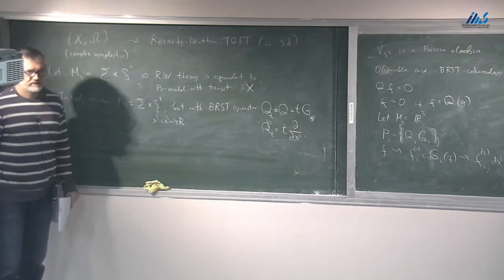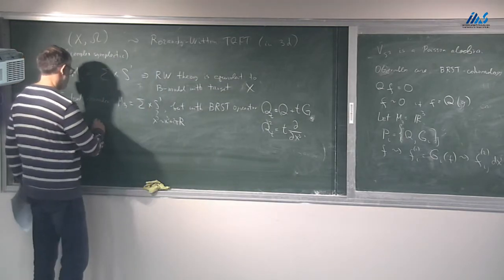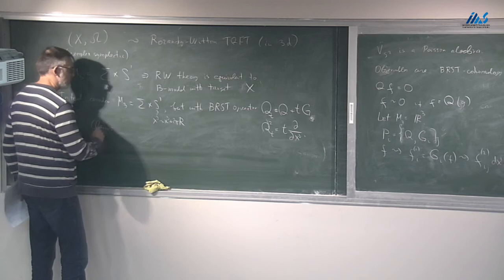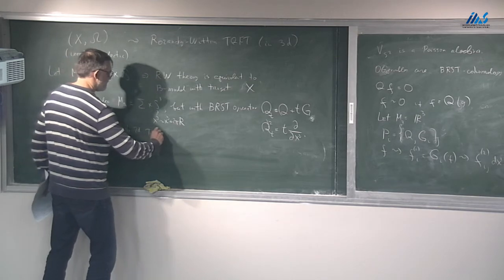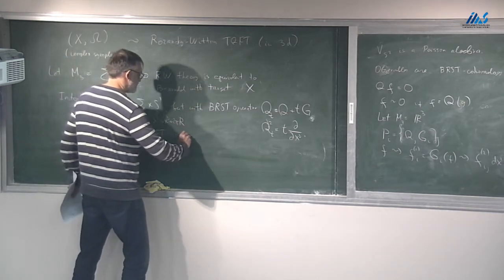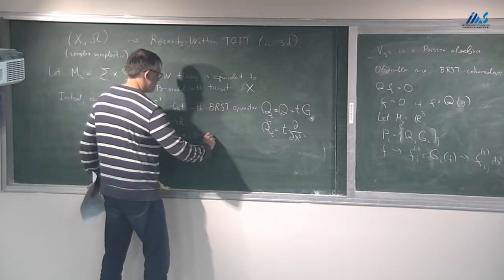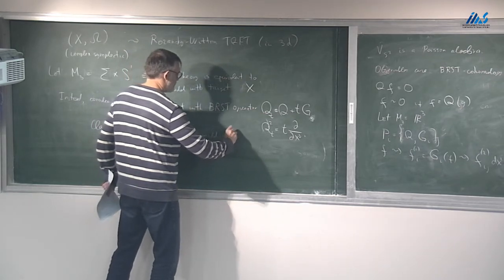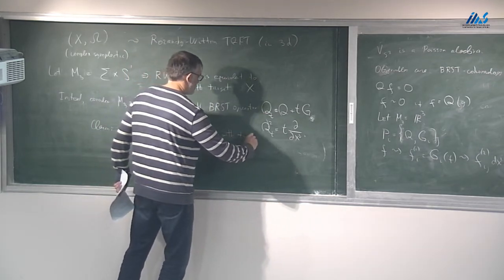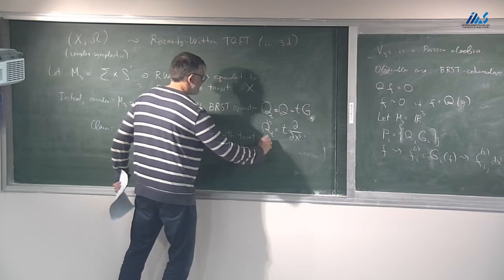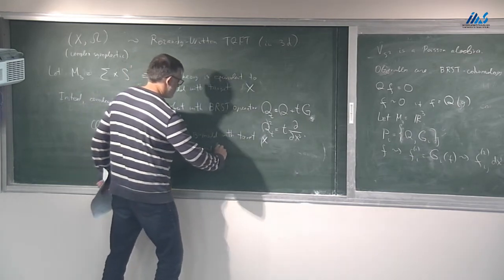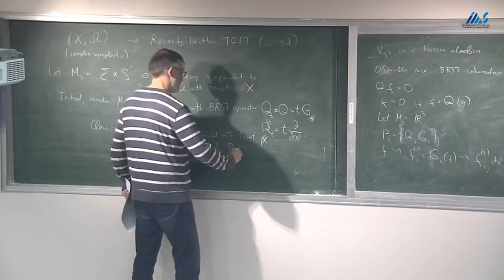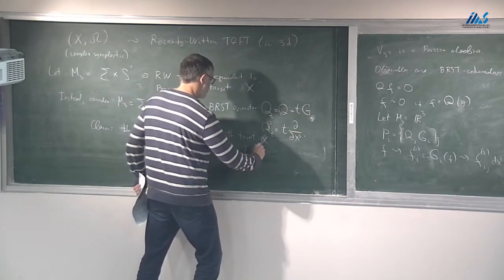So which topological field theory is it? The 2D TQFT is a B model with target X deformed by a Poisson bivector, which is t omega inverse.